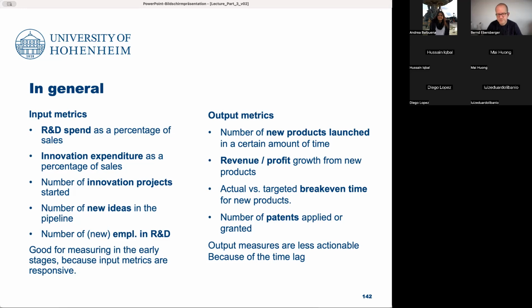Or you have engineers, and you regress the number of patents that they work on maybe their location or on their salary, etc. And that gives you an overall idea how inputs are translated into output metrics.